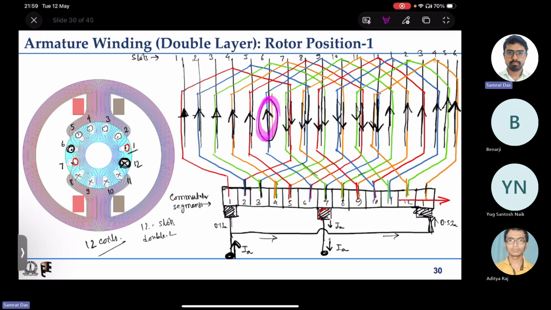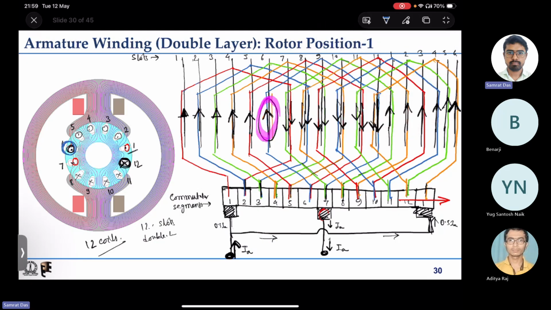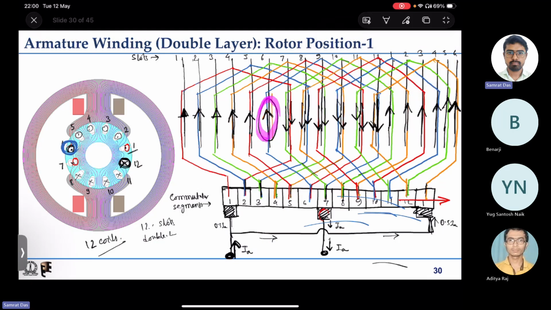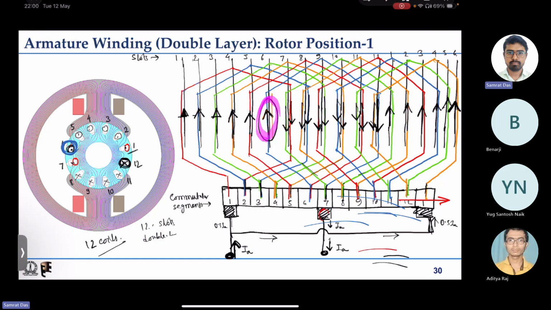Here our coil 6 was carrying current, the dot polarity, in the upward direction. Next the coil 6, changing.